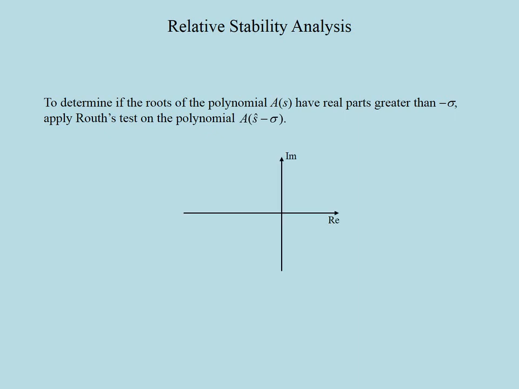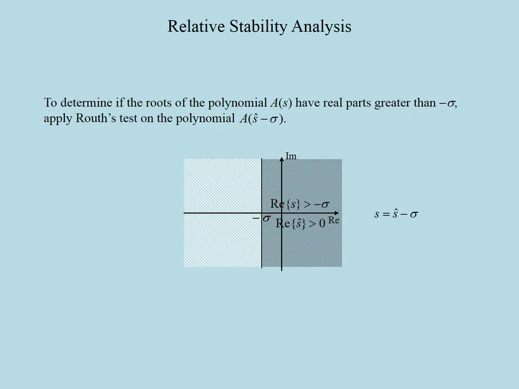The Routh test determines the number of poles on the right half plane. In other words, the number of poles with real parts greater than 0. Now, if the poles of our polynomial are required to be not only on the left half plane, but also have real parts less than minus sigma, we can make a change of variable as s equals s hat minus sigma.